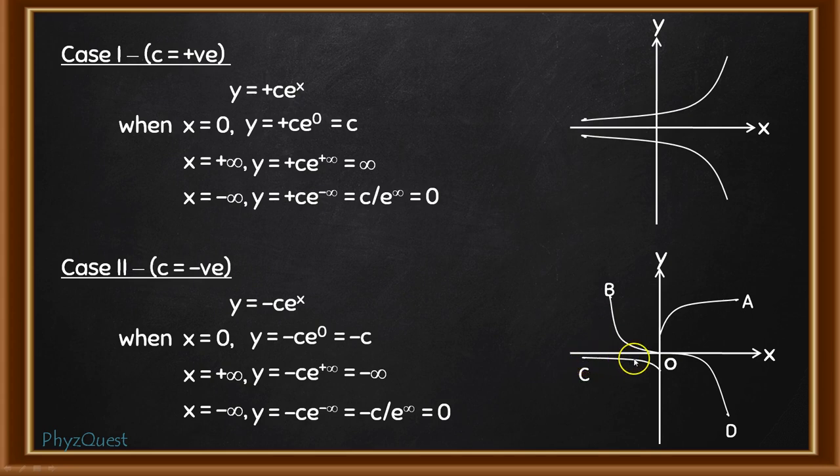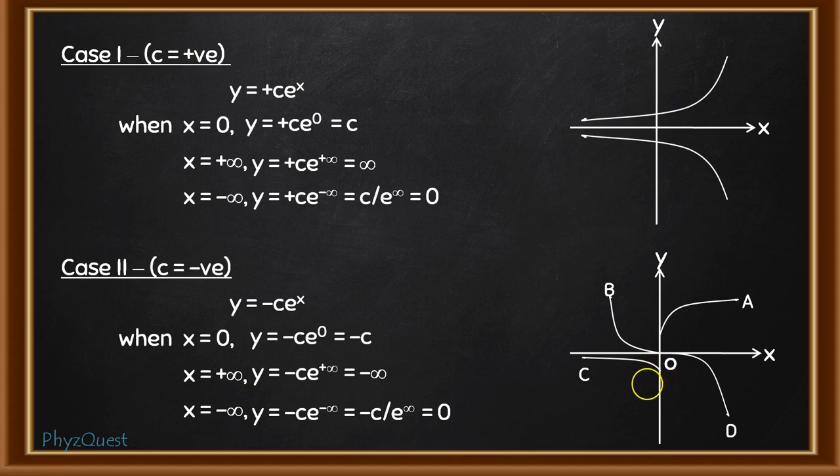Curve C. Here, as you can see, when x is approaching minus infinity, y is approaching 0. And when x is equal to 0, y has a negative value, negative but finite.